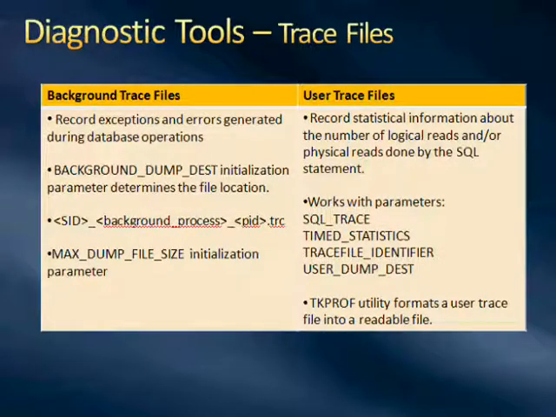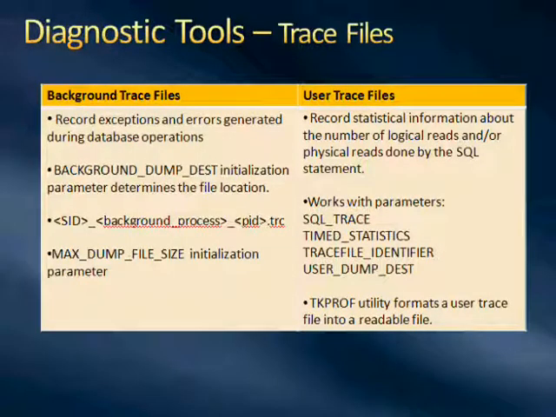The other parameter, trace file identifier, specifies a suffix for the name of the file, because normally there are a lot of user files. So a good way to identify a specific user trace file is by giving it a suffix.